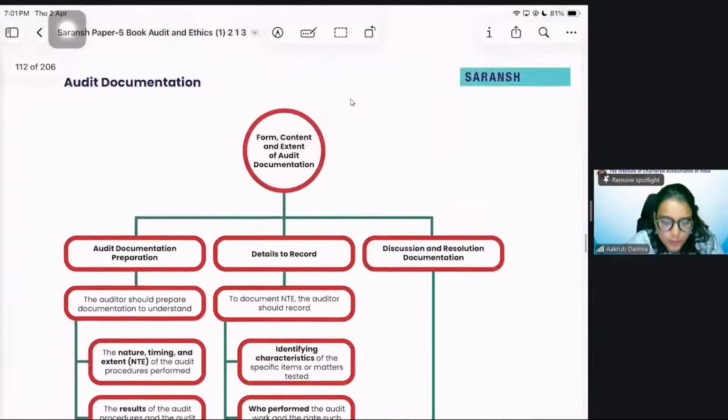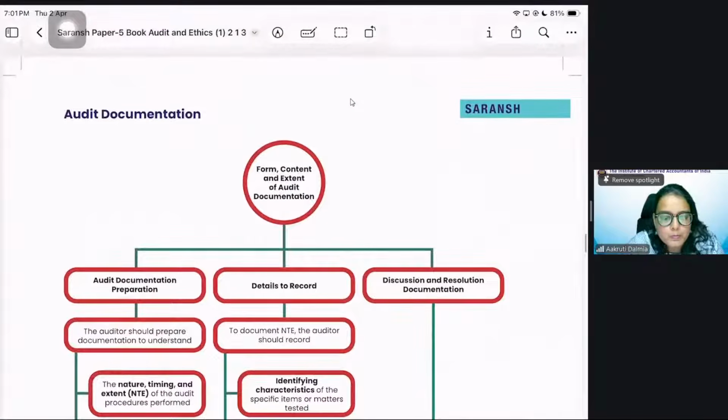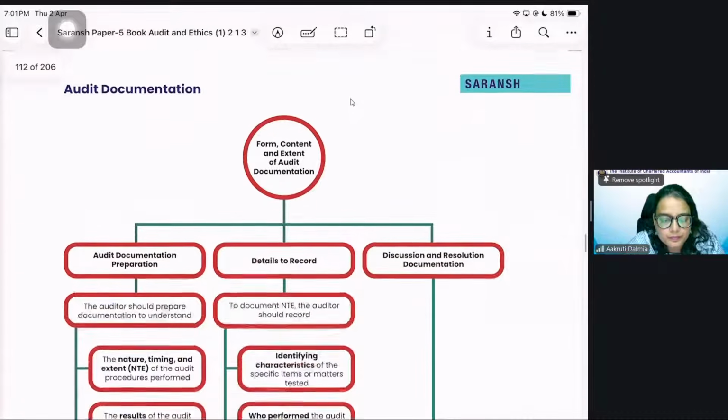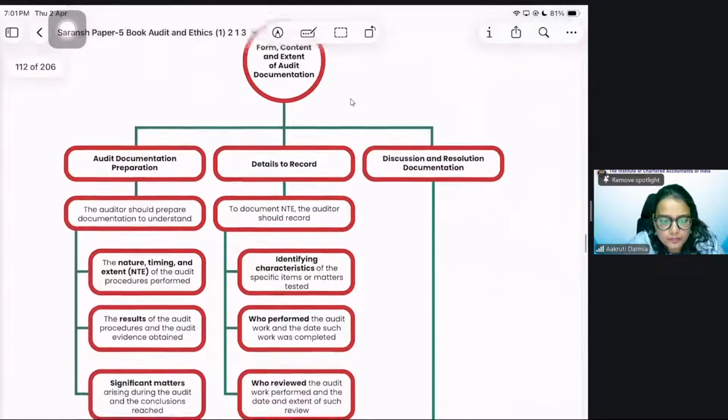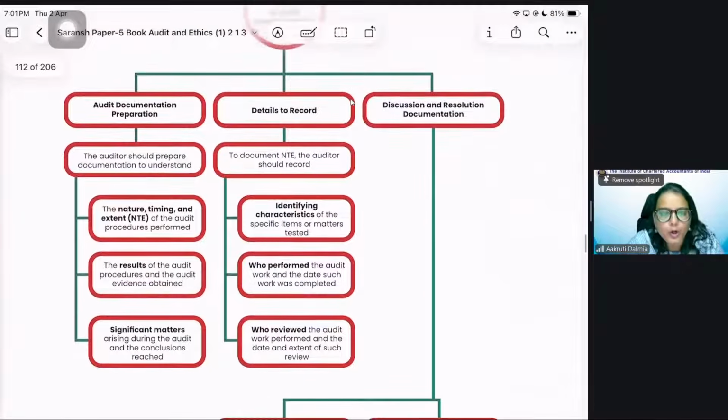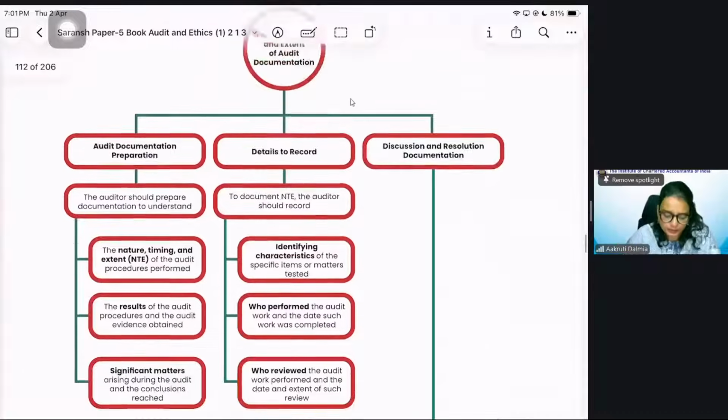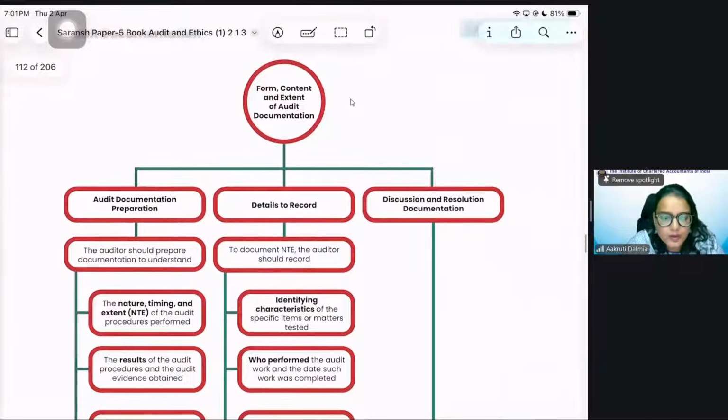Can you find it in your book? The whole topic on audit documents preparation. Can you see that?